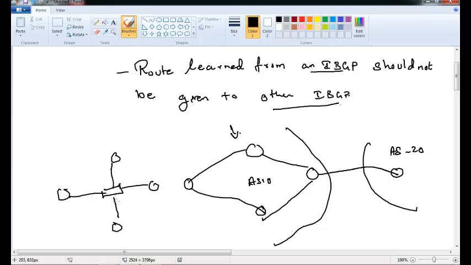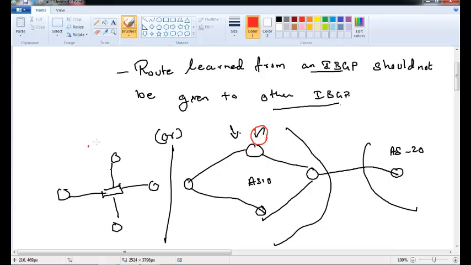Now, this or this. If it is like this, you really don't need split horizon to be active. We don't want split horizon to be active if you have it like this. Why? We won't have a loop with this topology.